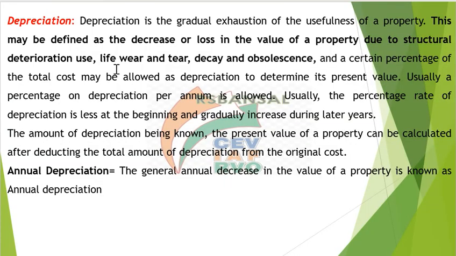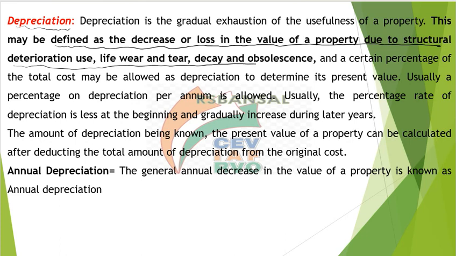So what is depreciation? Depreciation is the gradual exhaustion of the usefulness of a property. This is an important definition you have to remember: it is a decrease or loss in the value of the property due to structural deterioration, use, life, wear and tear, decay and obsolescence.